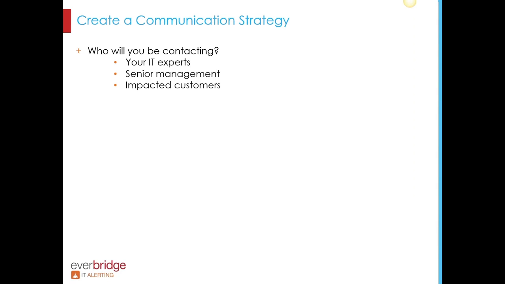So you're going to have to contact very quickly the IT experts, the people in the IT organization who are going to work on fixing the issue. You may want to also inform senior management, depending on the application. If it's an e-commerce application, you may want to contact the senior VP of sales at one point. And you may want to keep your impacted customers informed, so they don't call into your help desk, they don't call into your service desk, and create even more tickets.